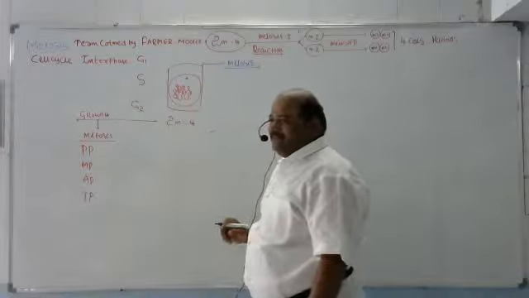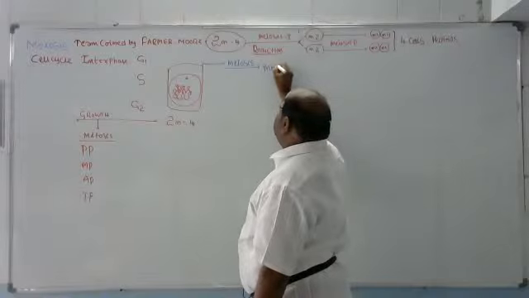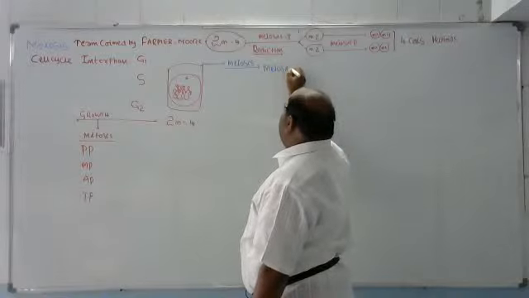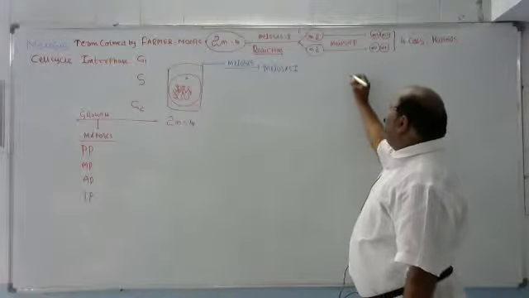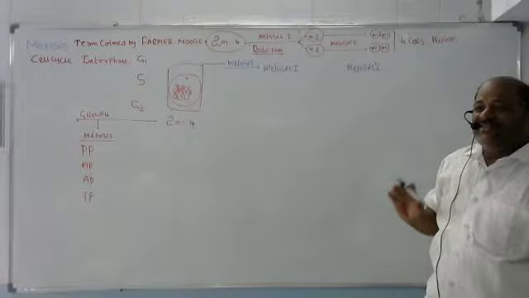Now, it enters into which process? Meiosis process. In meiosis, one process is meiosis 1. The other process is meiosis 2. In both these stages, nucleus division takes place, and cytoplasm division also takes place.